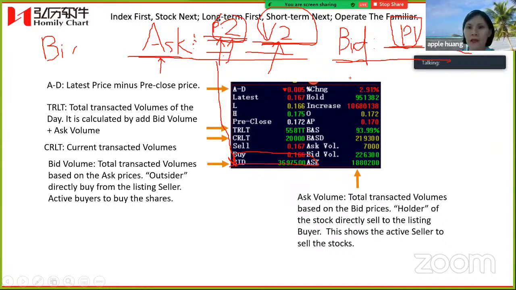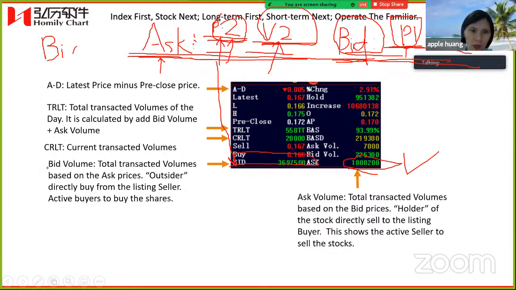And if a trader sees the market depth and decides to sell at the bid price, that means he's selling down, so it becomes the ask volume.